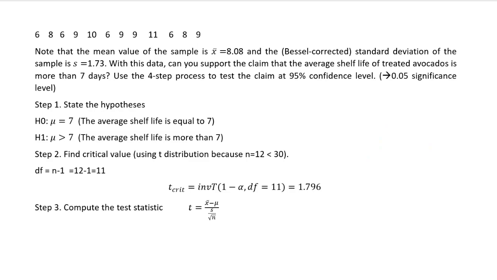Next, we have to compute the test statistic, the value obtained from the sample, so that you can compare with this critical value. And the test statistic is usually called a z-score, but it's the same formula, but this time we call it a t-score because we're using the t-distribution.